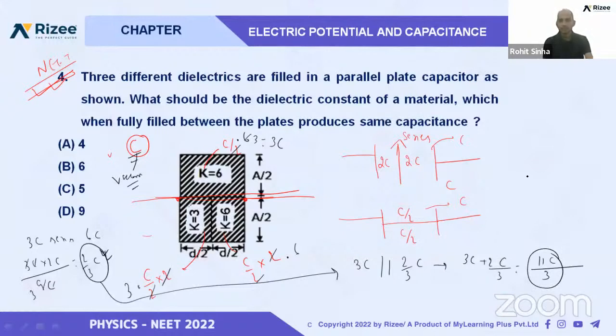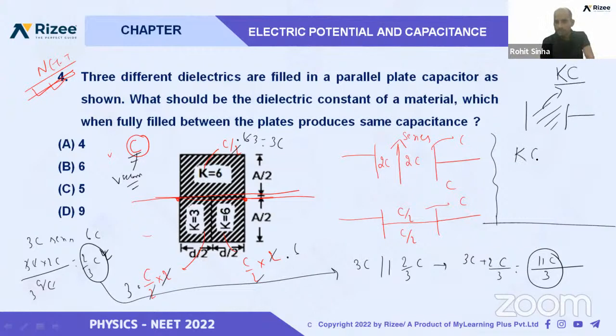Okay now, what can we write? I think some calculation mistake has been done somewhere. We have to check. If we fill this capacitor by a single dielectric, we will get capacitance of C into K. Then what will we do?